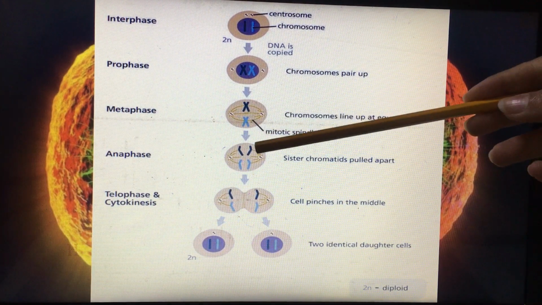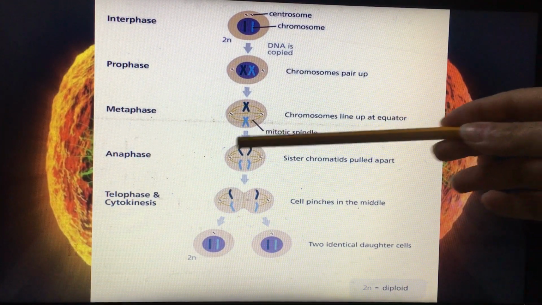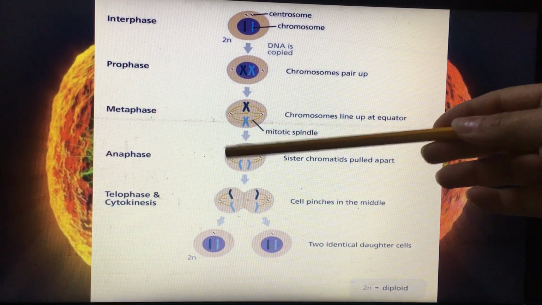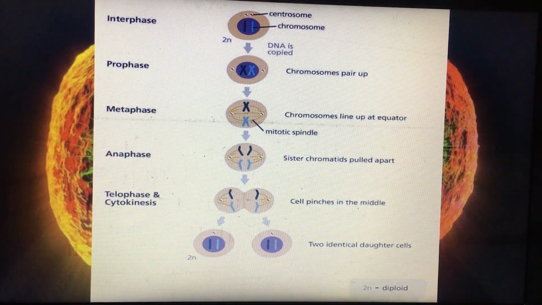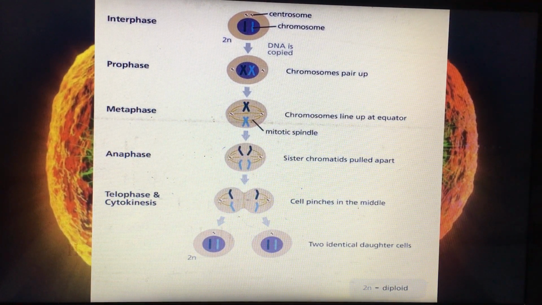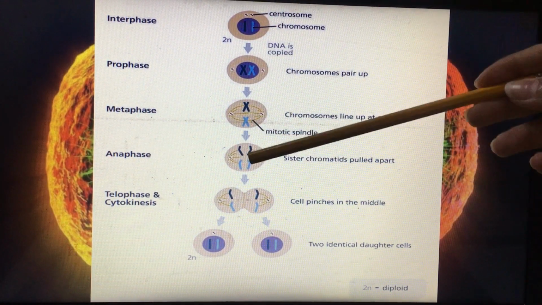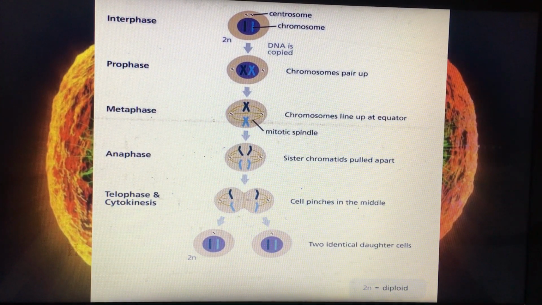Then the centromere divides and the spindle fibers shorten. Look at the spindle fibers here. They are shortened, so that the 2 chromatids in each chromosome separate and move to opposite ends of the cell.